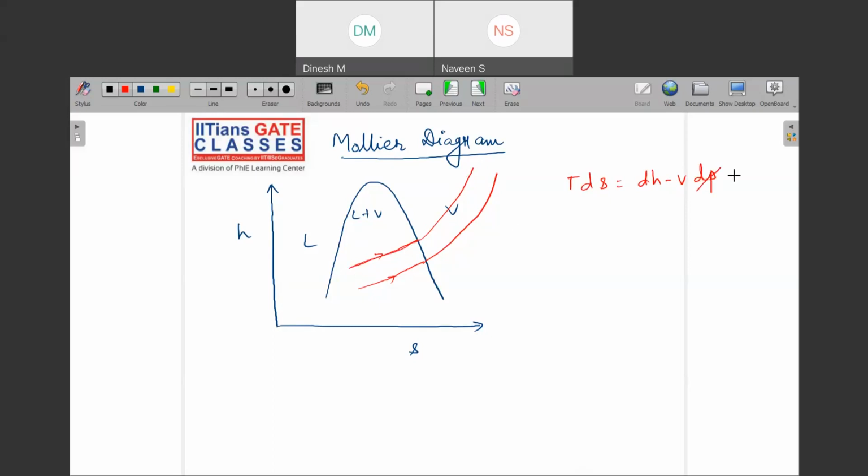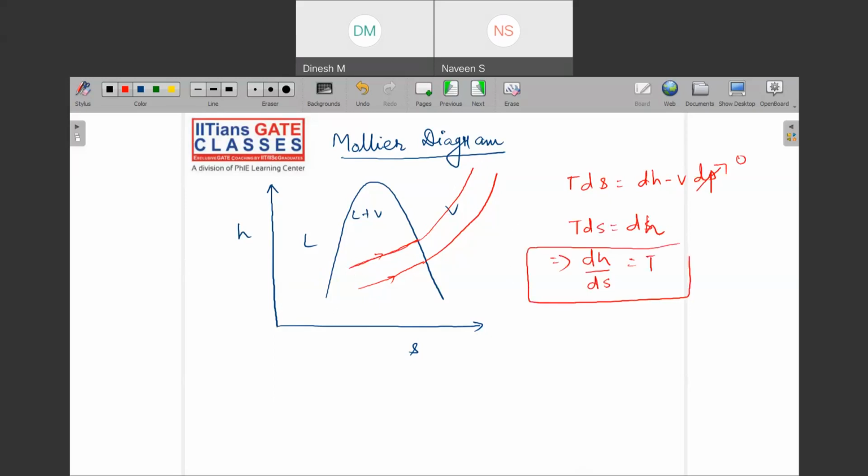So for constant pressure lines, TdS is equal to dH, then the slope of this curve, dH upon dS, is giving you what? Temperature directly.